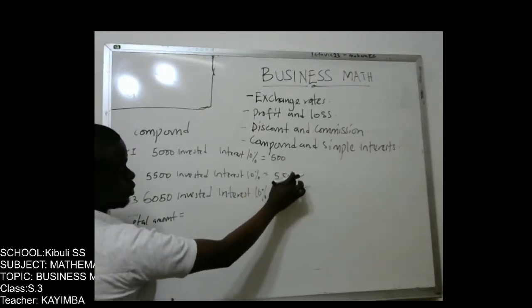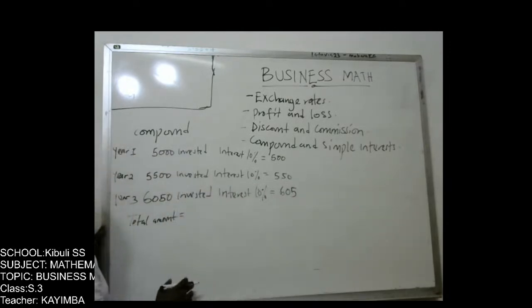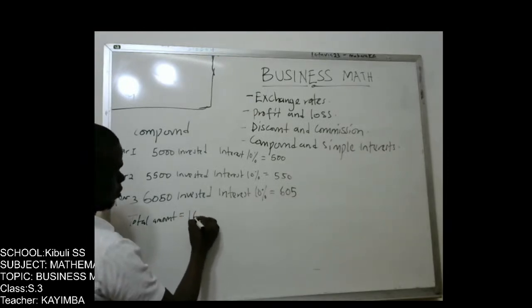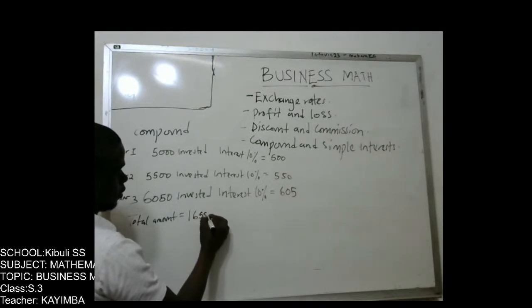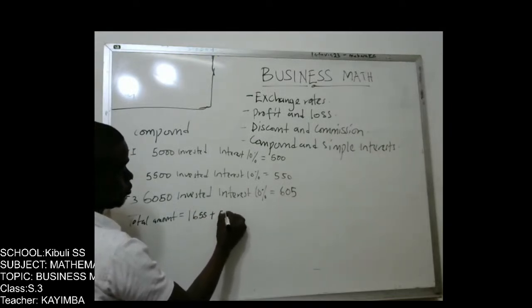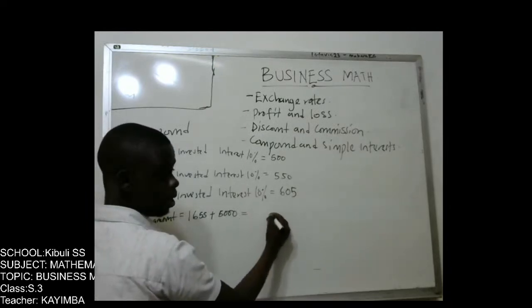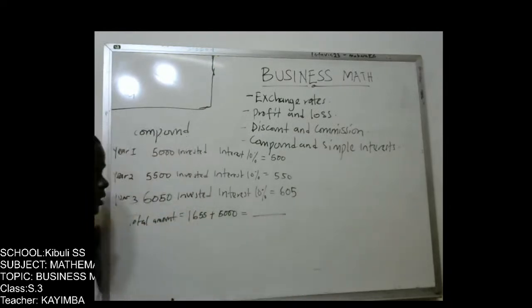We add the interest, plus we add on the principal. The interest is 500 plus 550 plus 605, which is 1,655. So plus the principal that they borrowed in the first place, and this will give us the total amount.